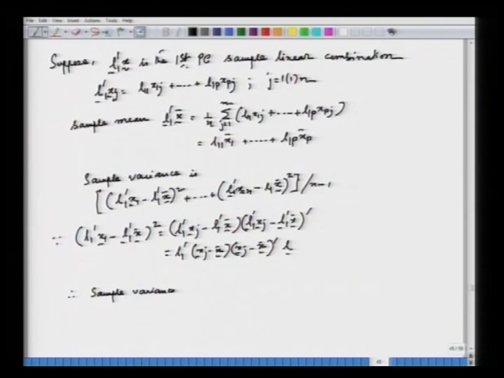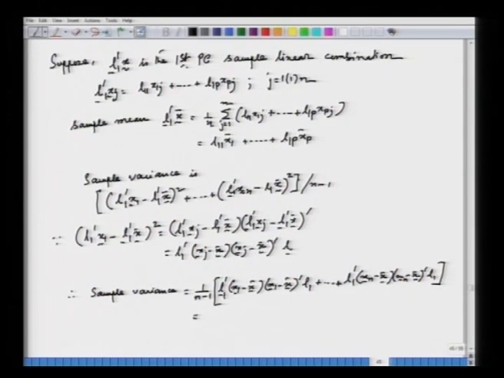So the sample variance is also equal to another form: 1 by n minus 1 times L1 transpose (x1 minus x bar)(x1 minus x bar) transpose L1 up to L1 transpose (xn minus x bar)(xn minus x bar) transpose L1.